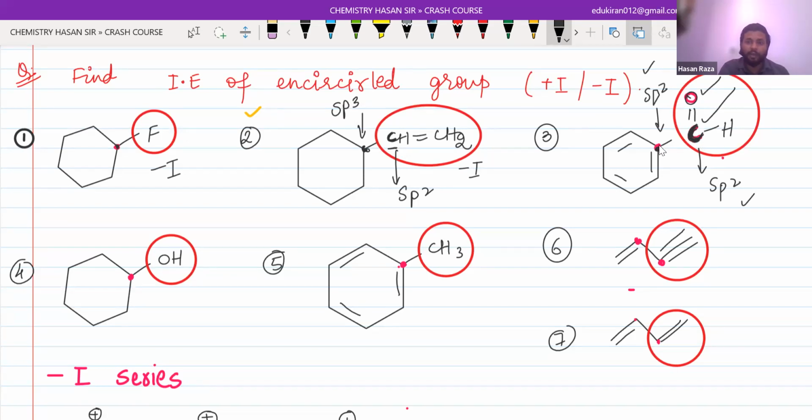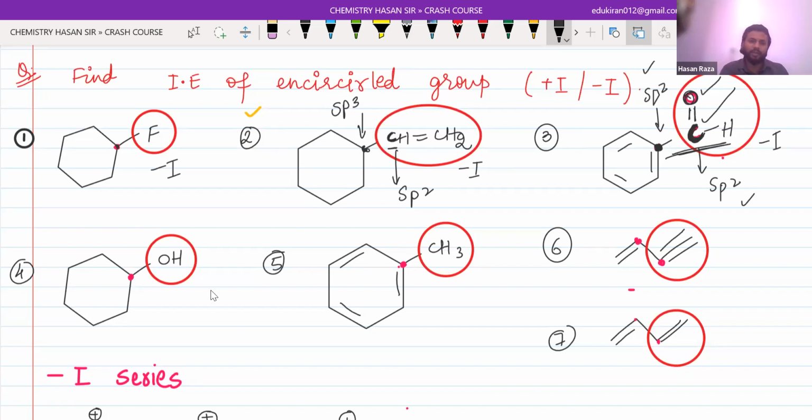That's why this carbon will be taking electron from this carbon and hence it will be acting as minus I. Please be careful about this because both are carbon, both are sp2 hybridized, but with this CHO carbon, oxygen is connected and will continuously withdraw electron from this carbon, so there will be deficiency of electron. It will be hungry for the electron, so it will take from here.